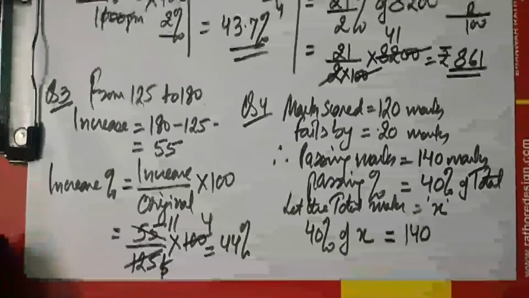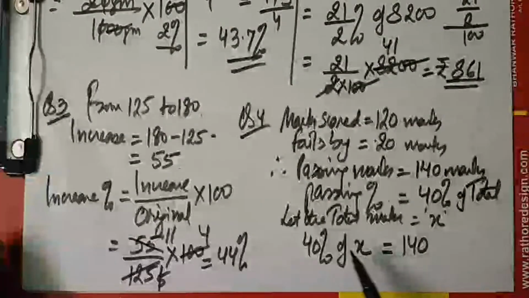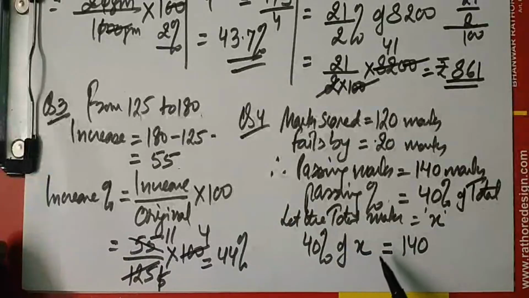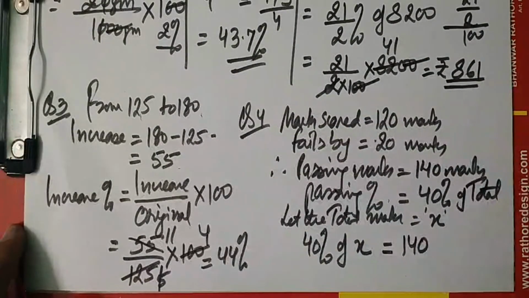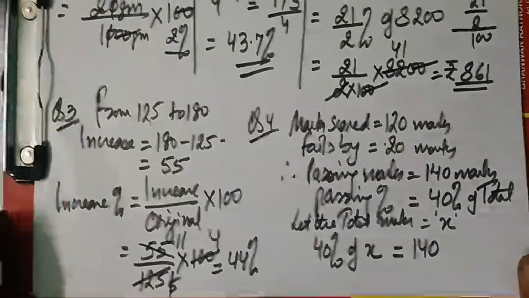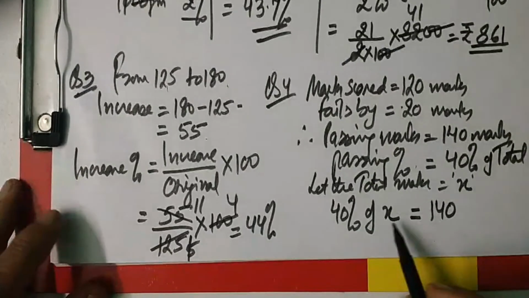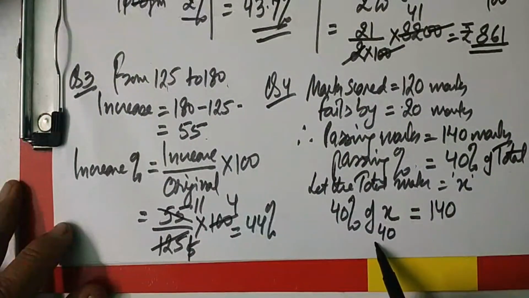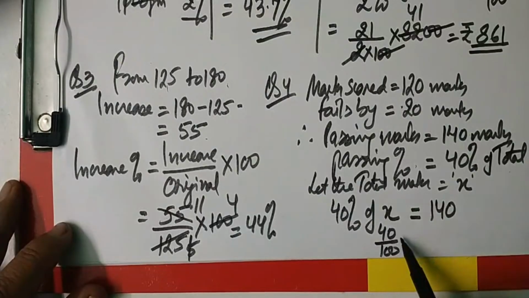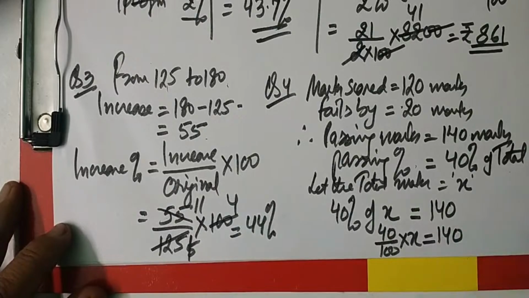So this becomes a linear equation. 40% marks out of the total is 140. So solve this linear equation. It will become 40 upon 100 into x is equal to 140.